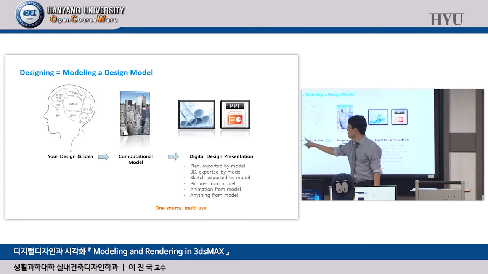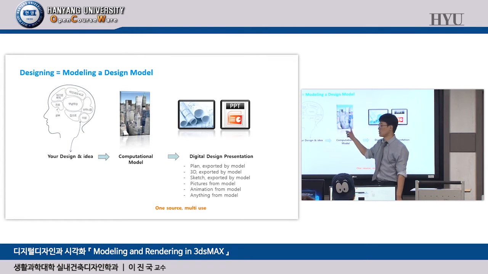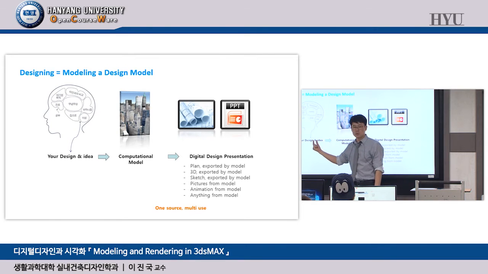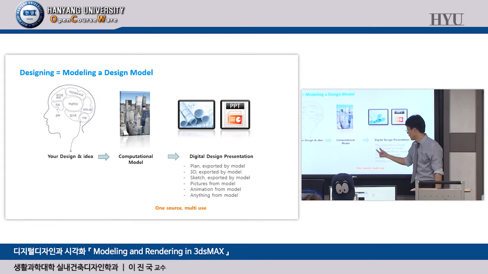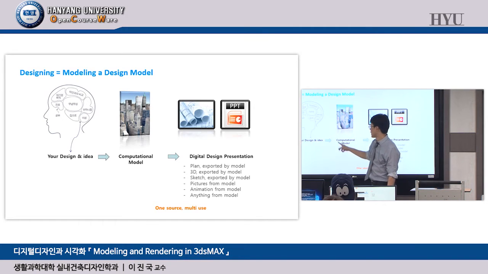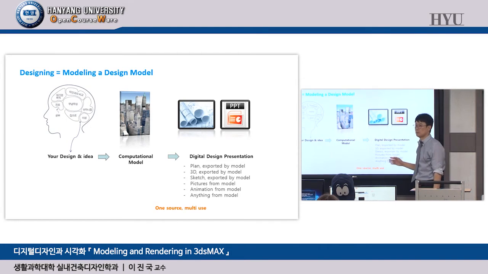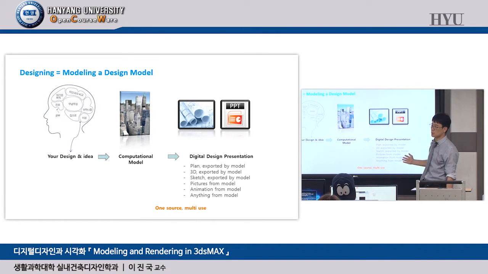But from your idea to your computational model, if you change your mind, if you update your idea, you don't need to update plan, 3D pictures, sketch, animation, whatever, okay? Only one thing, your computational model should be updated, okay? And then your material for design representation and presentation is going to be extracted, okay?